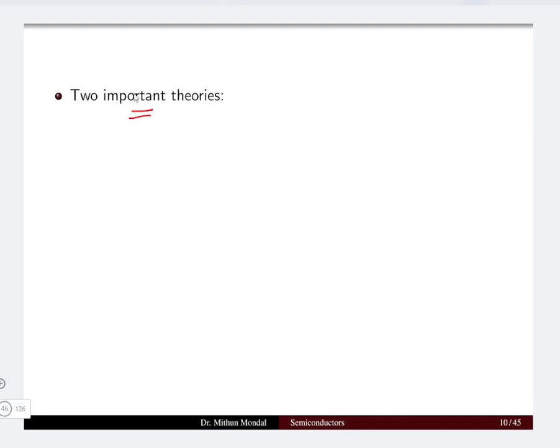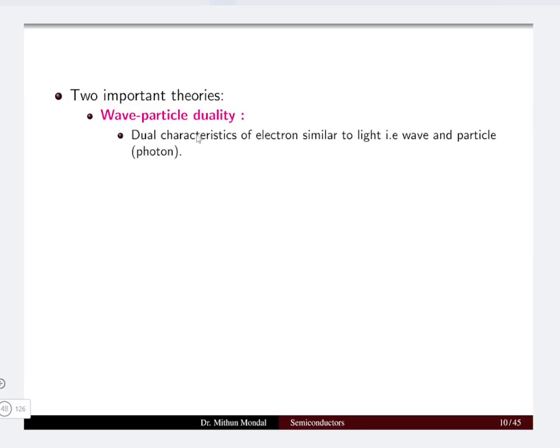The first one is known as the wave-particle duality. Wave-particle duality means the electron will have a dual characteristic similar to light. As we know, light has its wave nature and its particle nature, which is the photon. Similarly, the electron will have the wave nature as well as the particle nature, which is the dual characteristic of the electron.